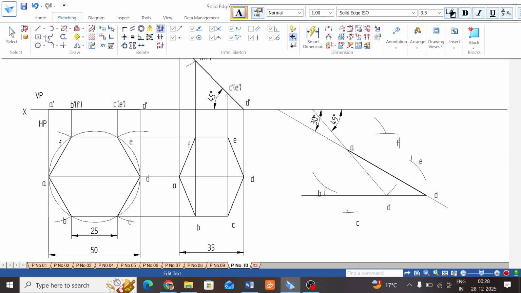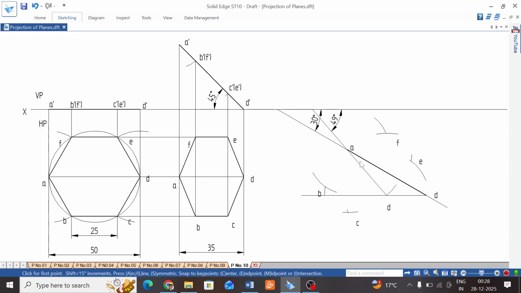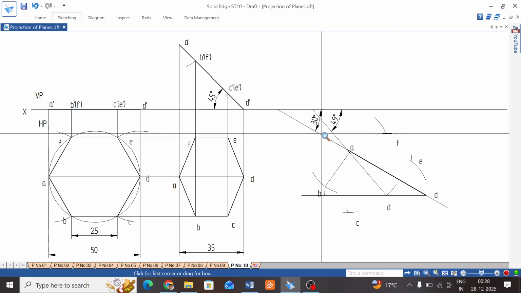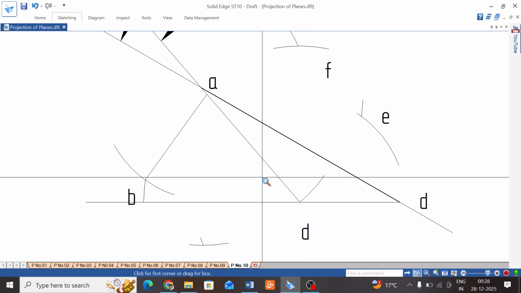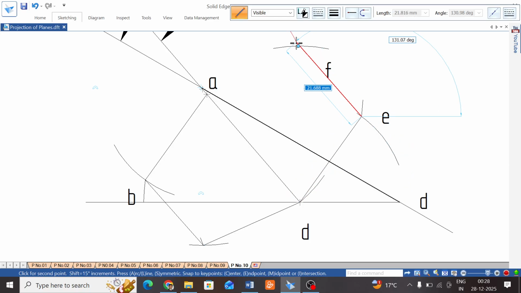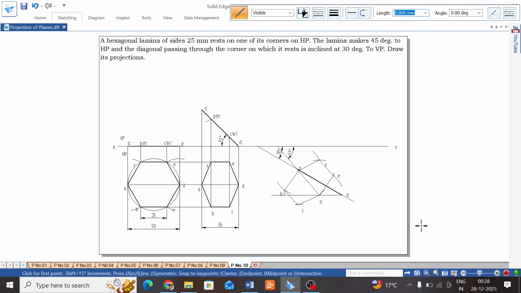Joined by thick lines. Start with A, end point A to B, B to C, C to D, D to E, E to F, F to A. Okay, this is the hexagon you will get.